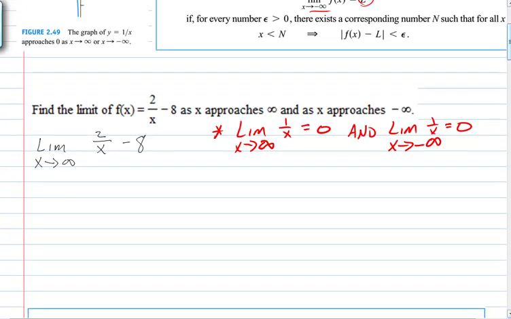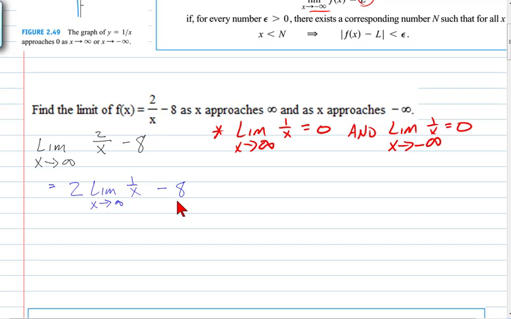So the limit of this is going to be equal to, using our properties of limits, 2 times the limit as x approaches infinity of 1 over x. All I did was I took that 2 in the numerator and I brought it out front, minus 8, because the limit of a constant is that constant, right?